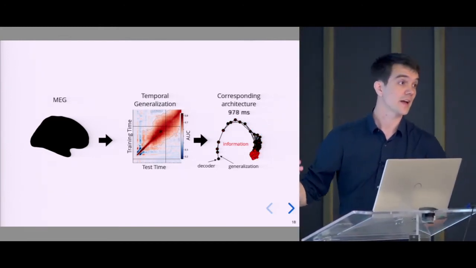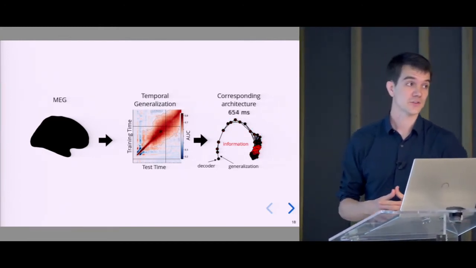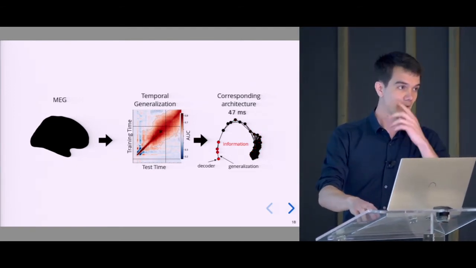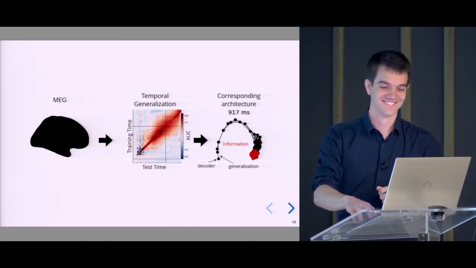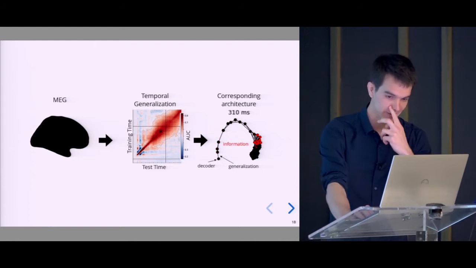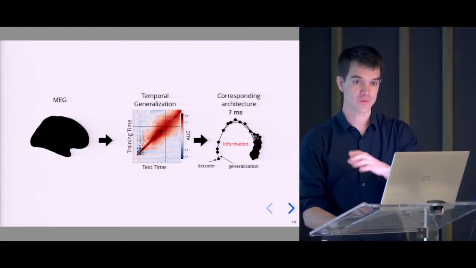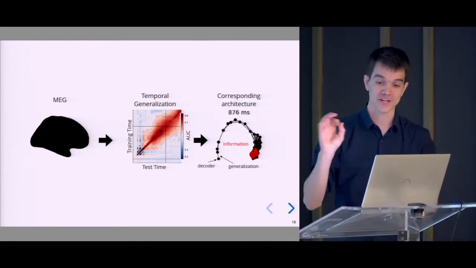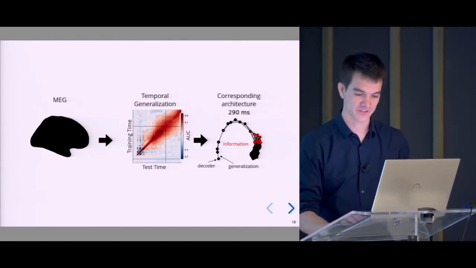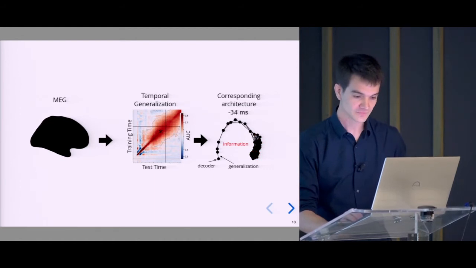And then we can just animate it as a function of time, such that we can see where information is in that architecture. But I agree with you that this does not correspond to brain area per se. It corresponds rather to a state space, which I would argue is actually more interesting.